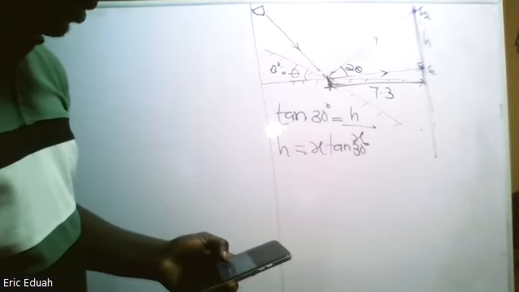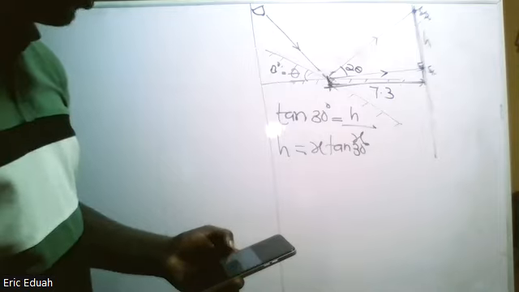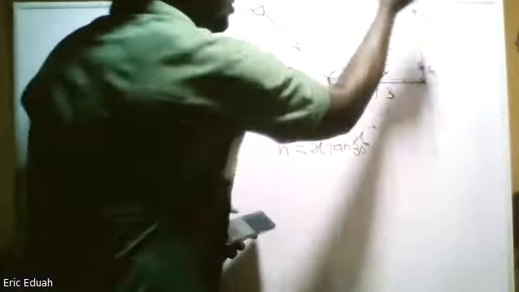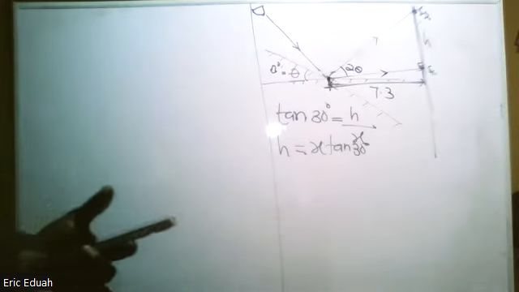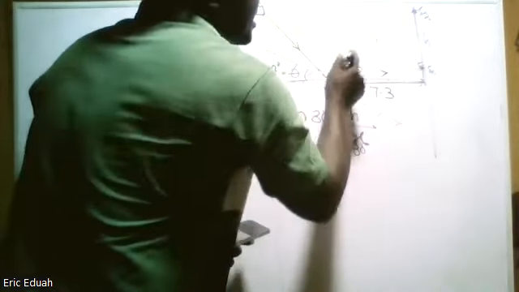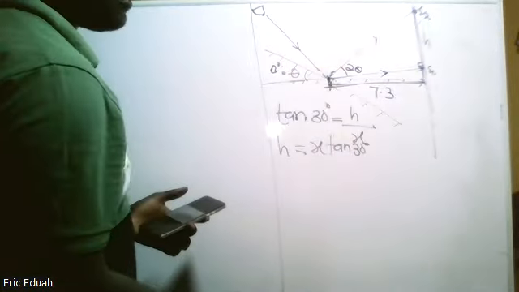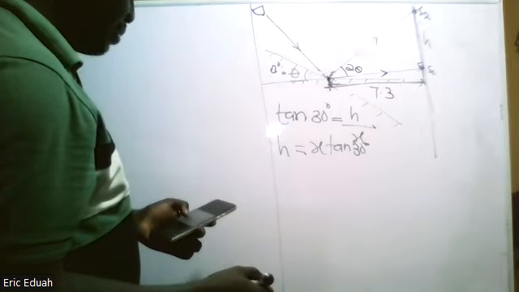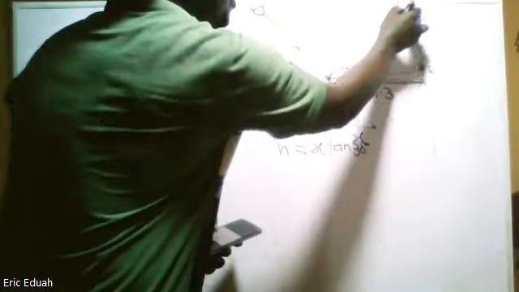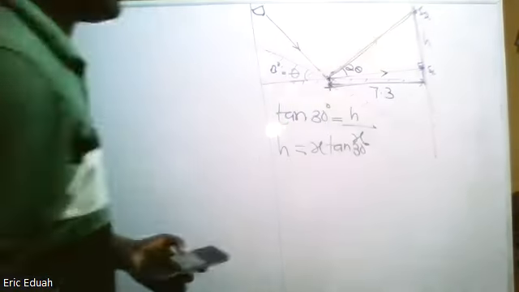Determine the distance between the mirror and the new spot. So here, the question is asking you to determine the hypotenuse of this right angle triangle. This is the mirror and then the new spot. So we are looking for a hypotenuse.